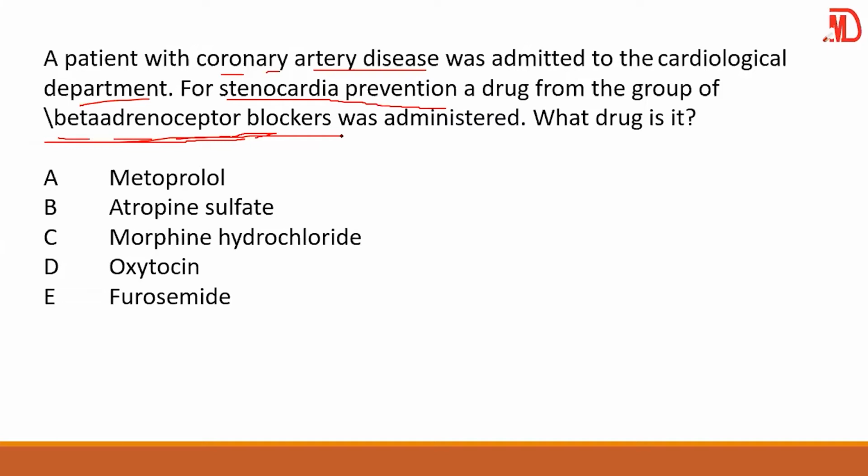Anytime you see lol, you're thinking of what? A beta blocker. So here you are thinking of A. But of course, if they had not asked you to be specific about a group of drugs, we would have gone for organic nitrate like nitroglycerin or isosorbide nitrate. All right, so here we'll go for A.